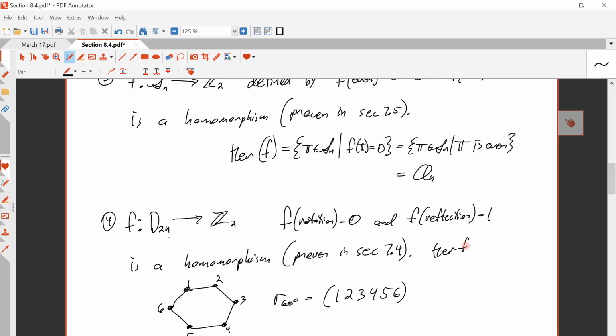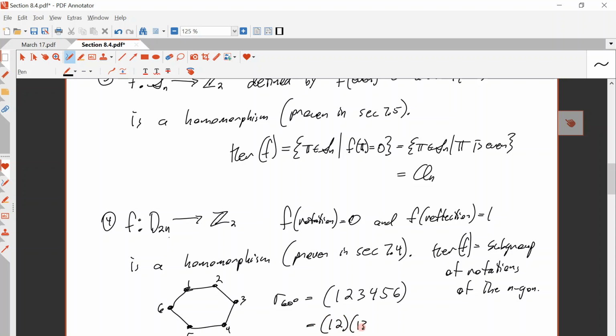And the kernel of f here is the subgroup of rotations of the n-gon. But when your n-gon is an even n-gon, this permutation is what? So n is even, like this hexagon. This permutation, which is a cycle of length 6, is not an even permutation. Remember, it's an odd permutation.